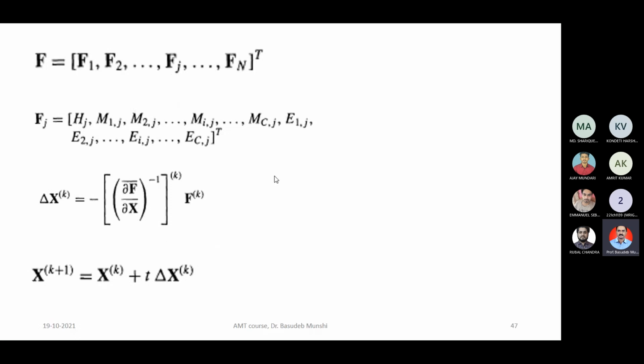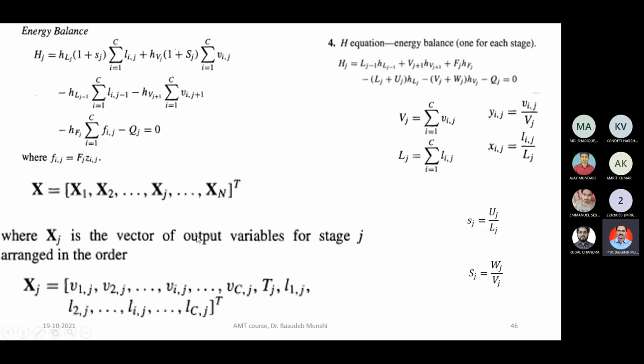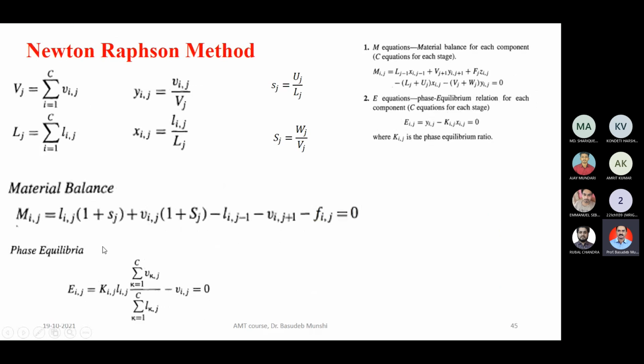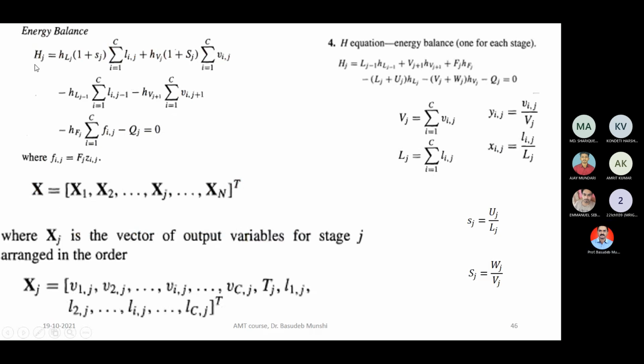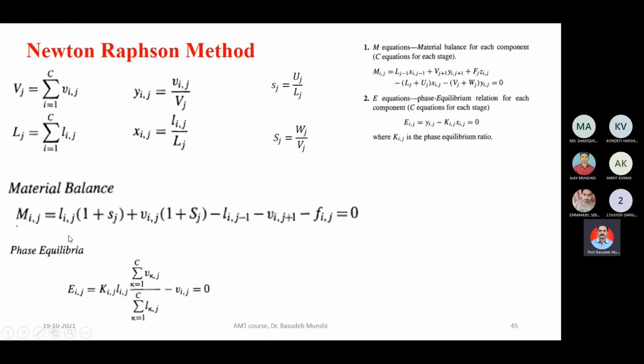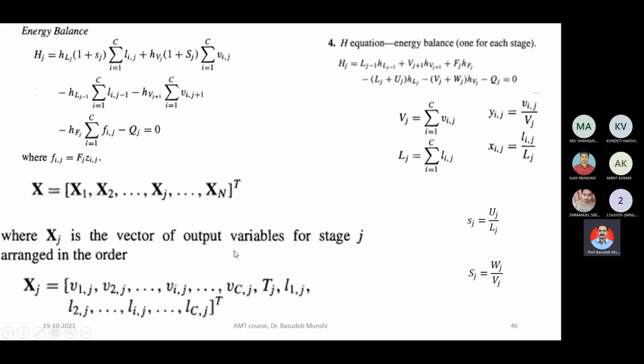For any particular stage, how many equations do you have? Category-wise, we have component material balance, equilibrium relation, and enthalpy balance. C material balance equations are there, and C equilibrium relations, so 2C, then one energy balance equation: 2C plus 1 equations for any particular stage.